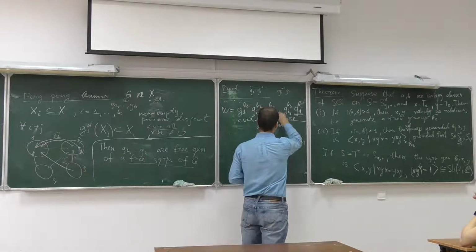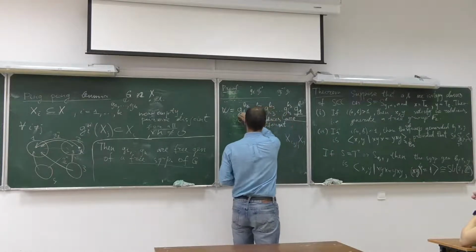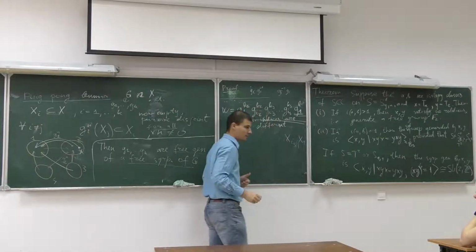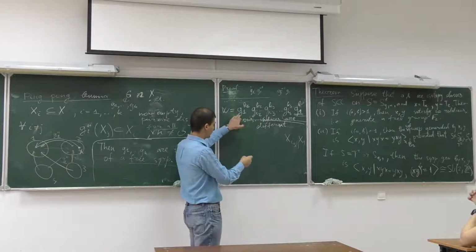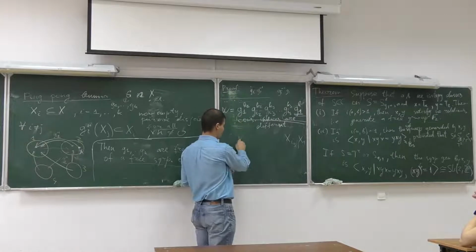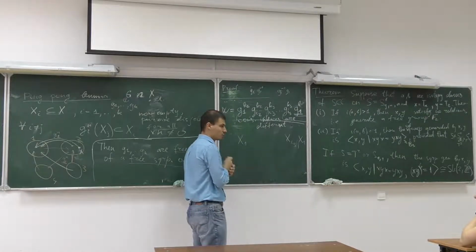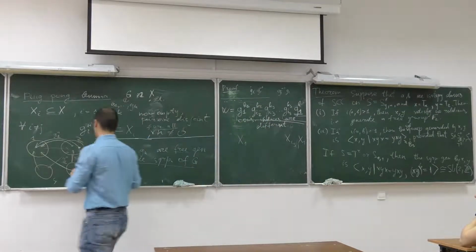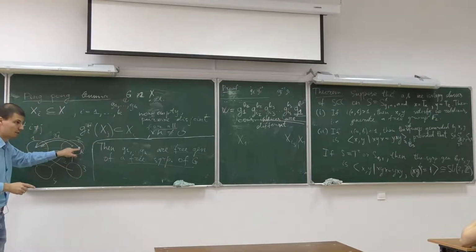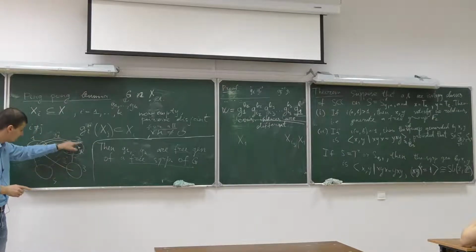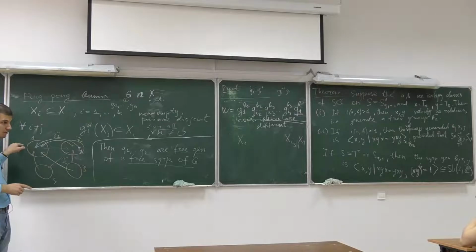And so on. Finally, we again have a non-trivial power of G1 here, so we get into X1. So our element takes this x, which lies in X2, to X1.